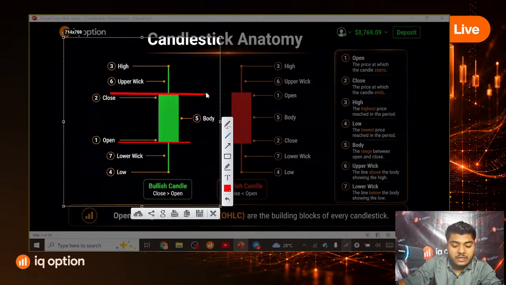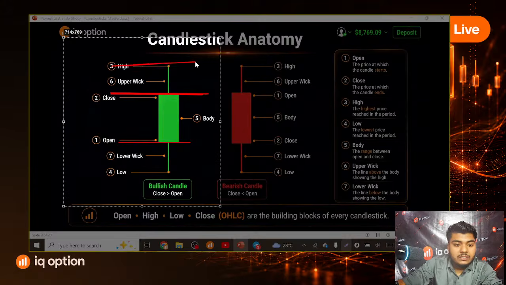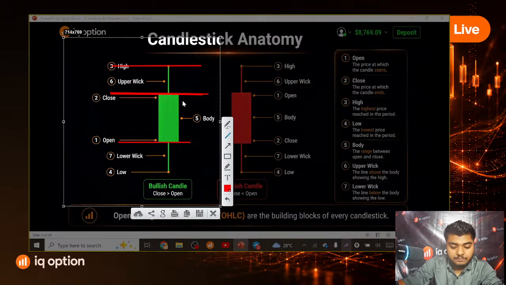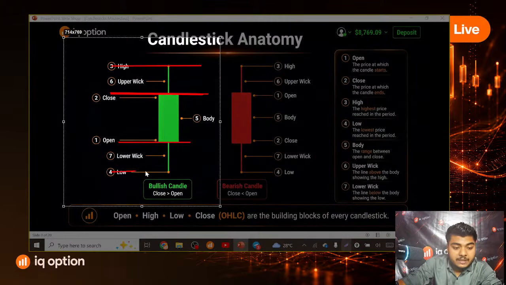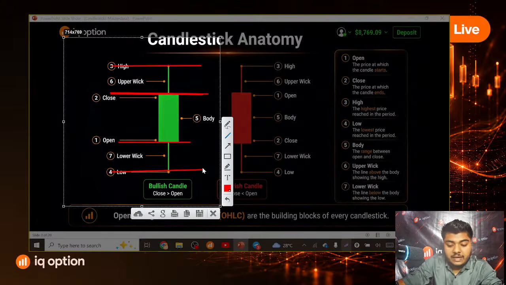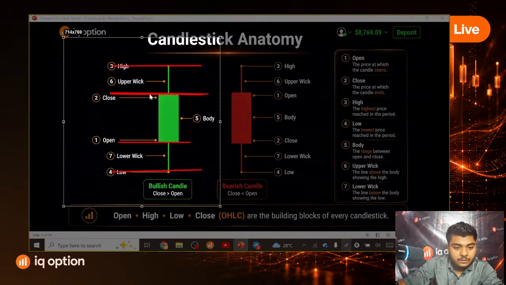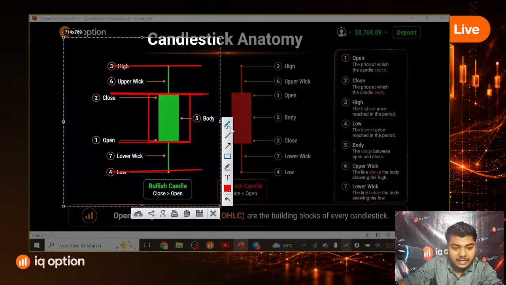The third is the high. This is the highest point, the highest point the price reached during this period. The fourth is the low. This is the lowest price reached during that period. The thick middle part here is called the candle's body, and the thin stick-like parts here are called shadows, also called rejections, and sometimes wicks.